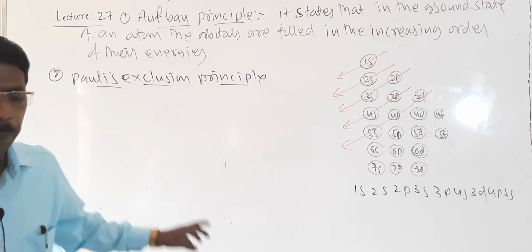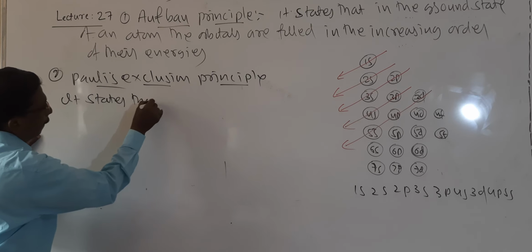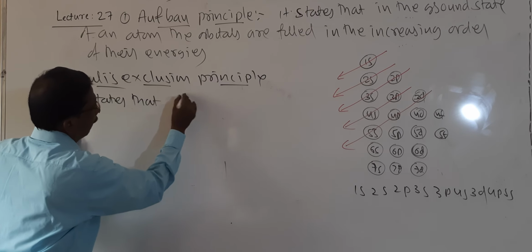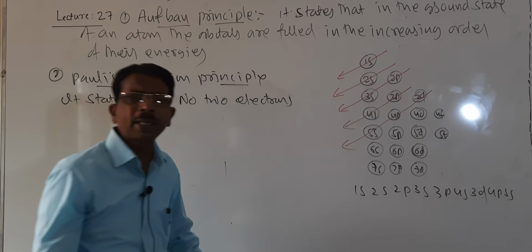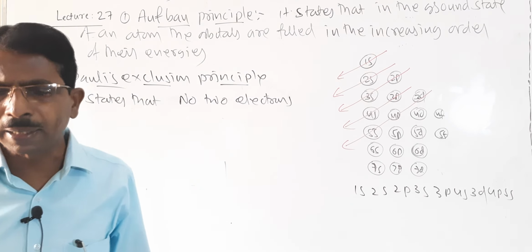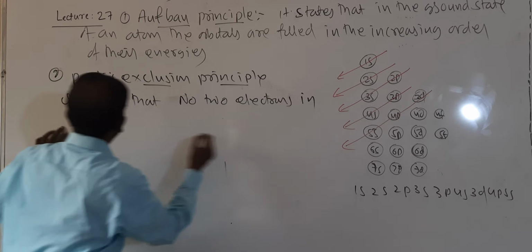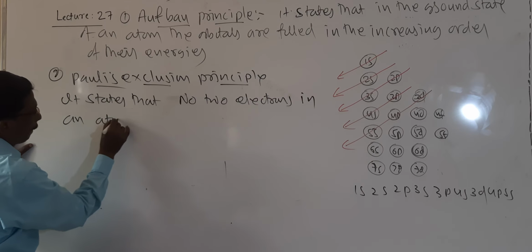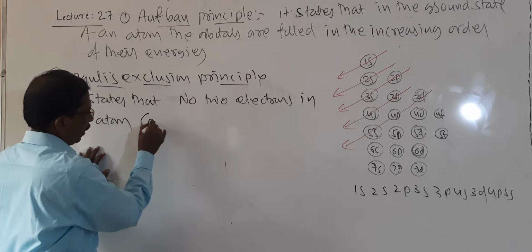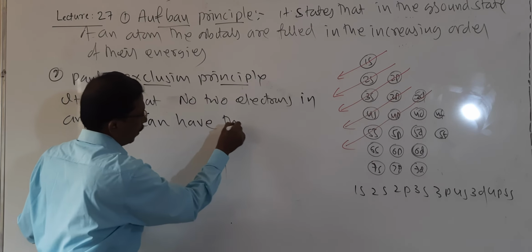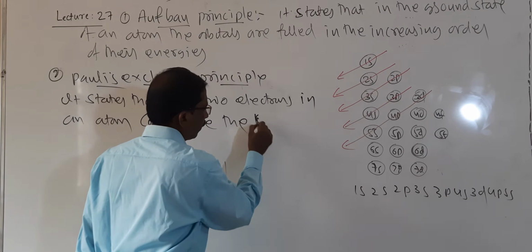According to Pauli's exclusion principle, it states that no two electrons, meaning every orbital contains two electrons, no two electrons in an atom can have the same set of four quantum numbers.